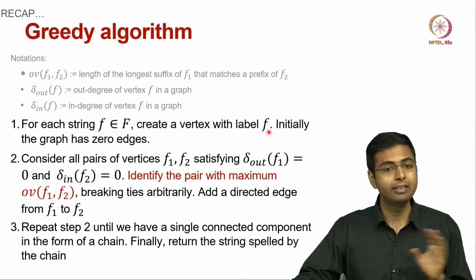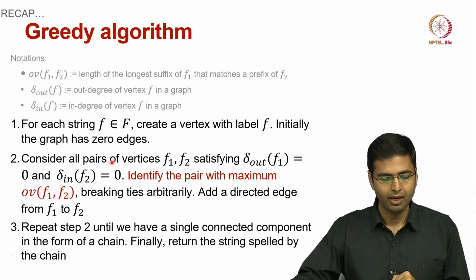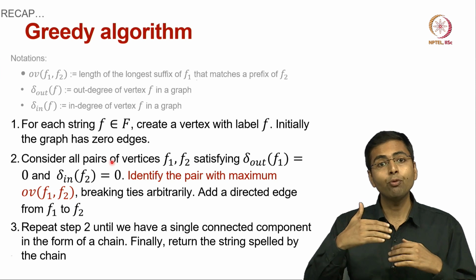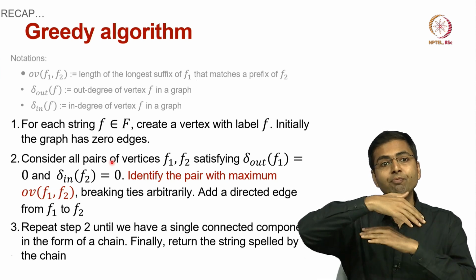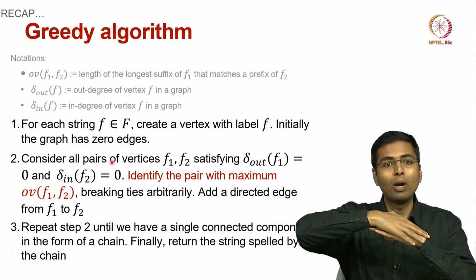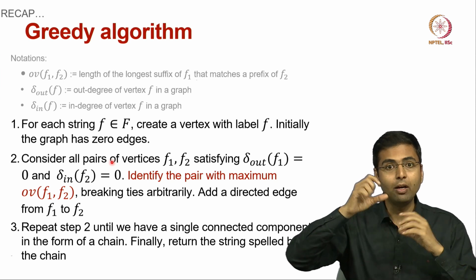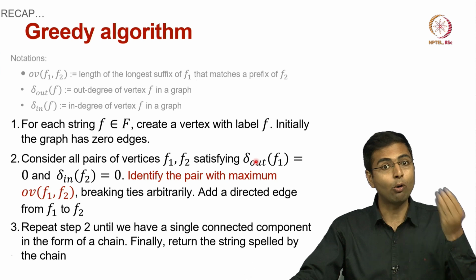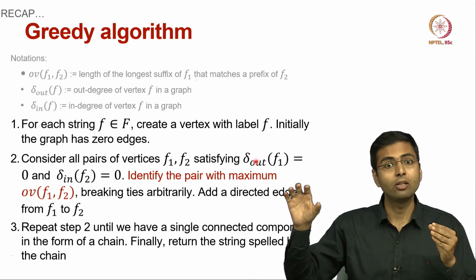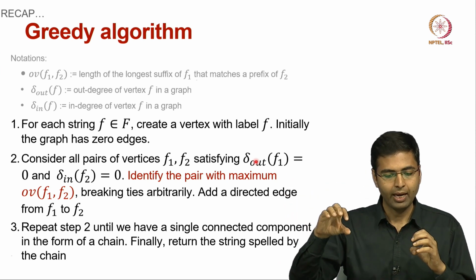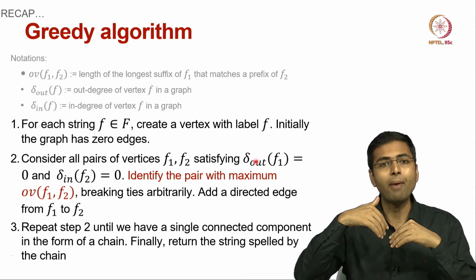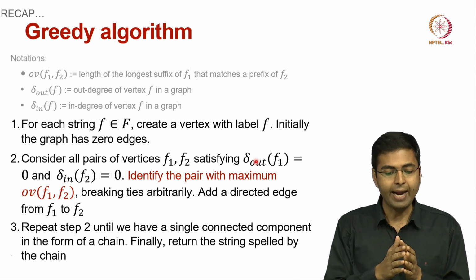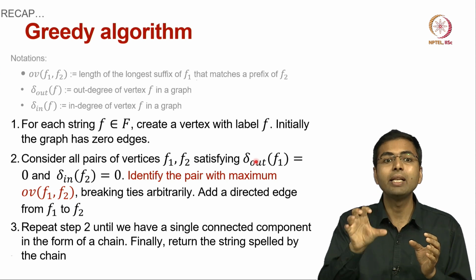Initially the graph has 0 directed edges, and as the greedy algorithm proceeds we look for a pair of strings which have maximum suffix prefix overlap. We look for those pairs of strings such that the first string has no outgoing edge and the second string has no incoming edge, and among those pairs we look for the maximum suffix prefix overlap and connect an edge between them.